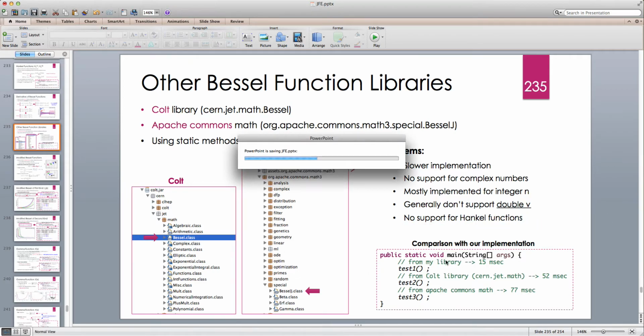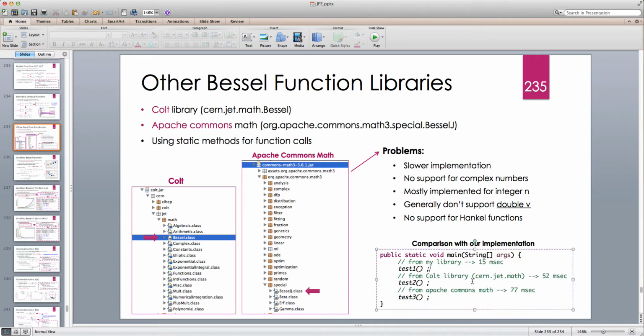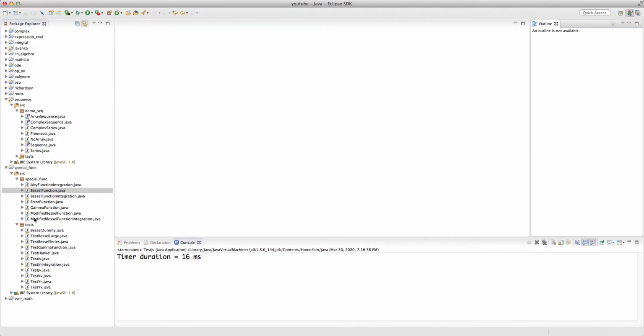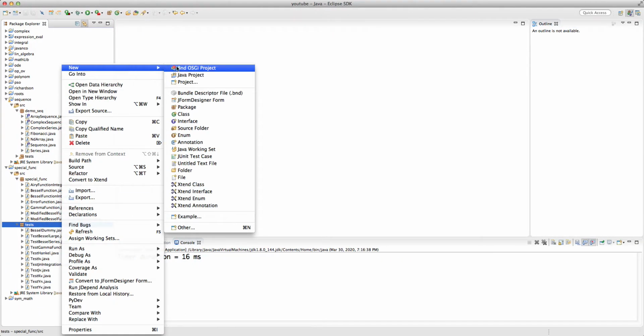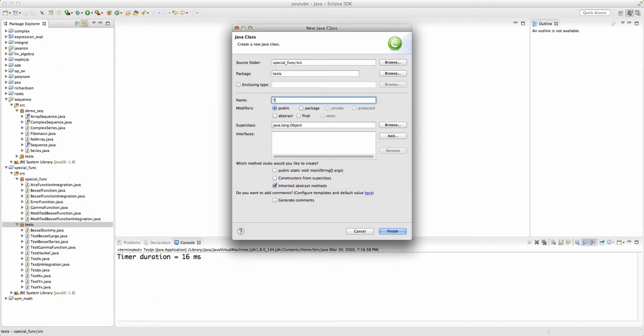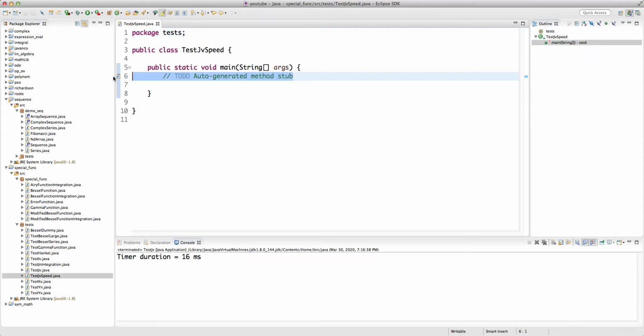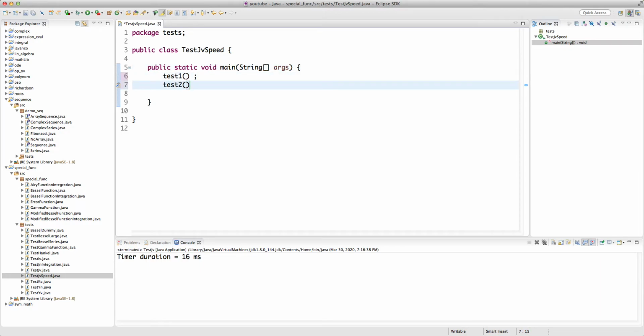All right, so let's head to Eclipse and try to write this test and compare the speeds of all these three implementations. I'm going in the test package here, and I'm going to create a class called TestNuSpeed. All right, so here we're going to have three tests: test 1, test 2, and test 3.